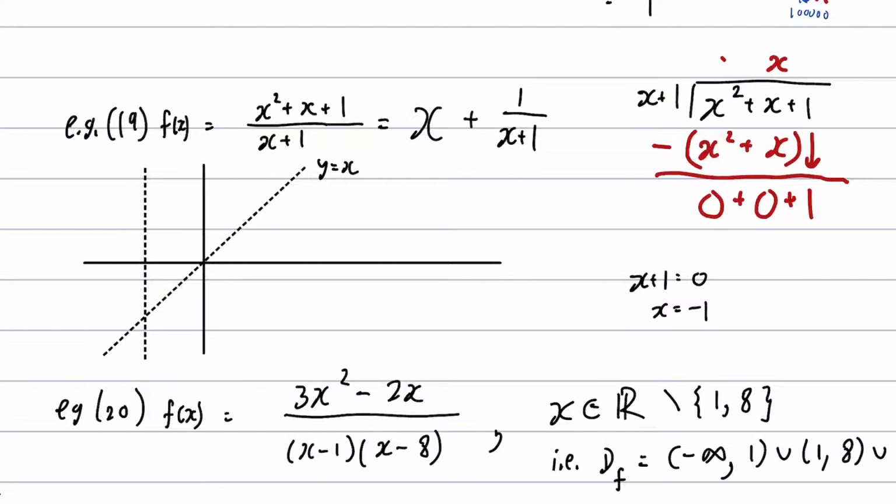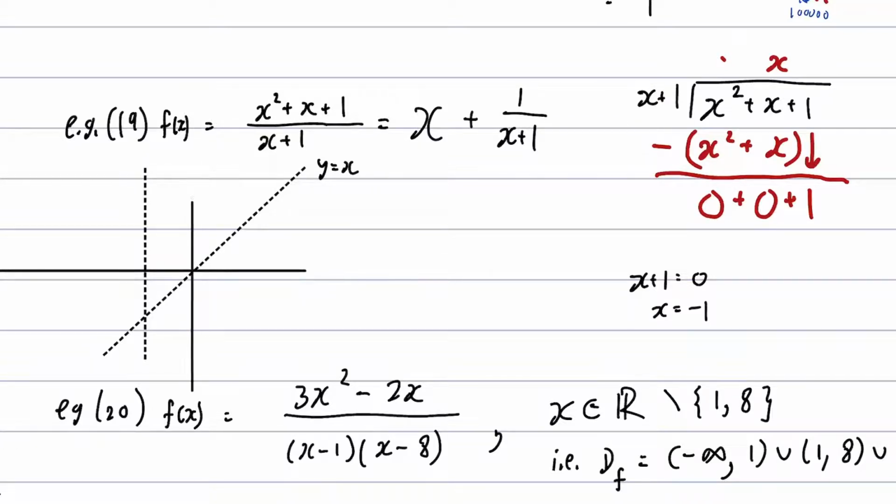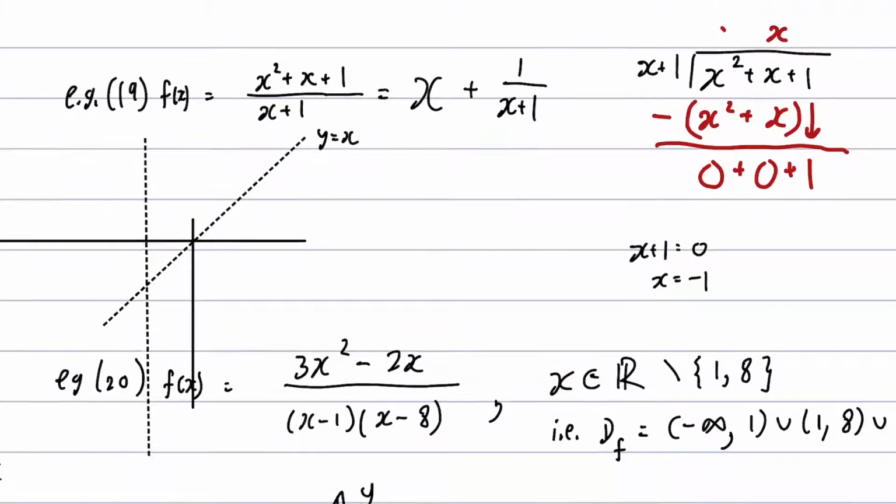Then where will the graph be? Maybe just to make my graph look a little bit nicer, I'm going to focus only on the part I need. I'll extend it a bit more.